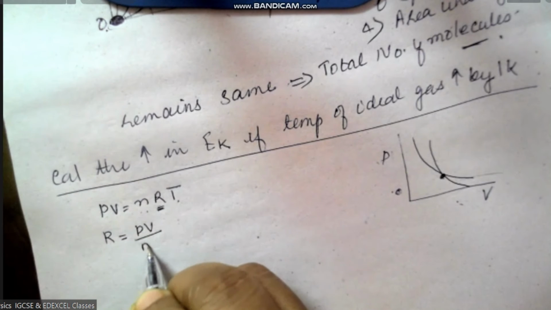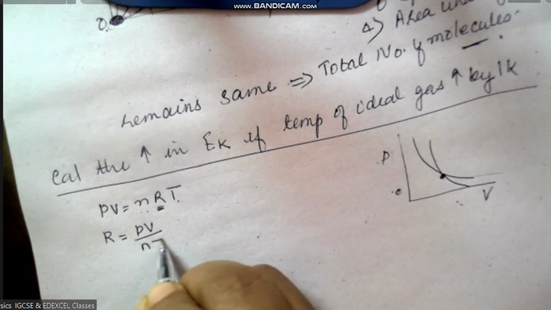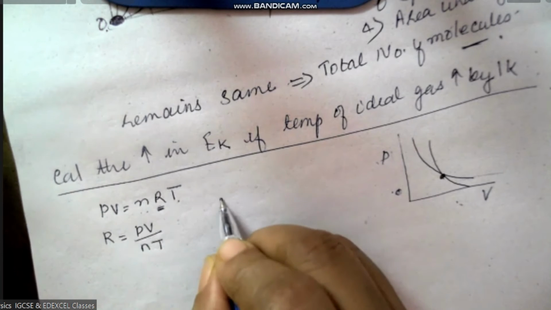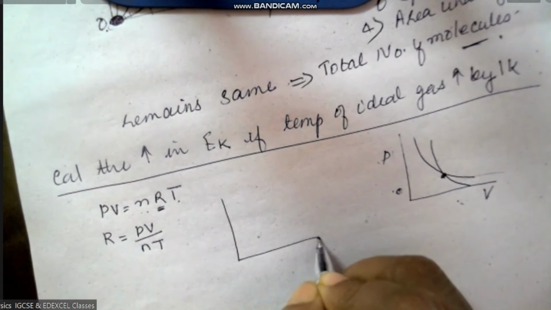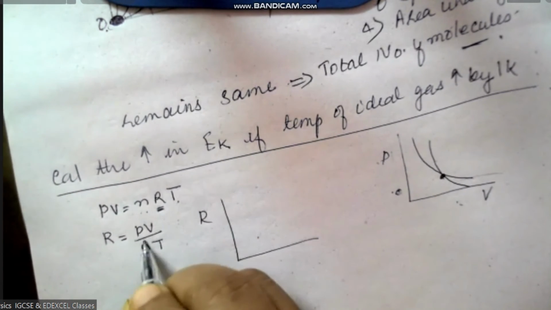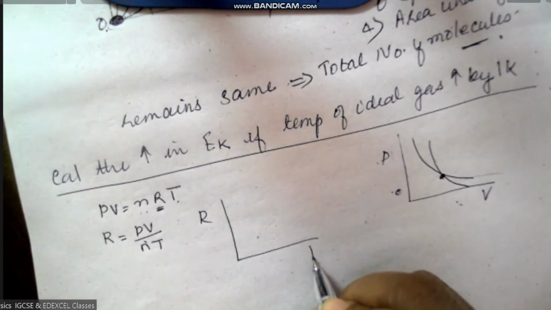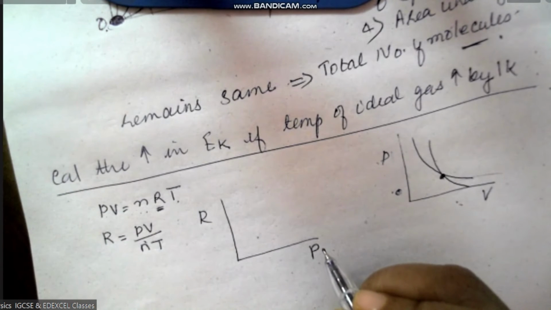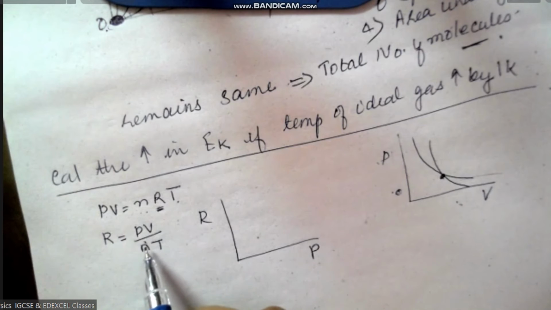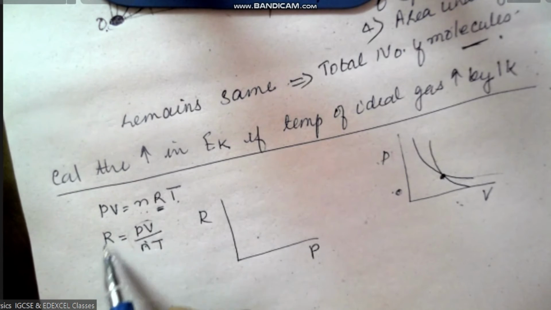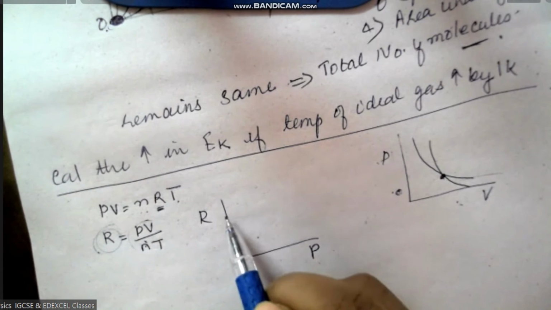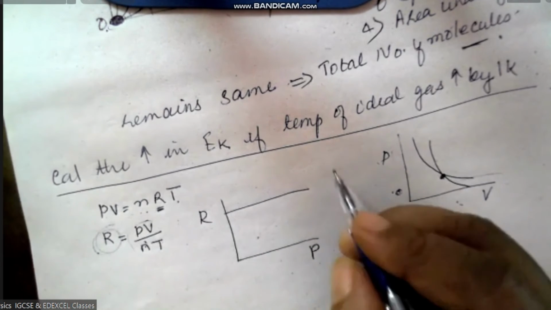So R is equal to PV by nT. If you draw a graph between this R and pressure, for an ideal gas this R is supposed to be constant.